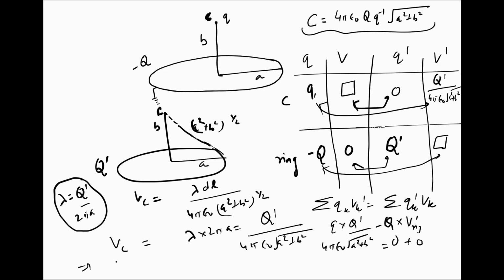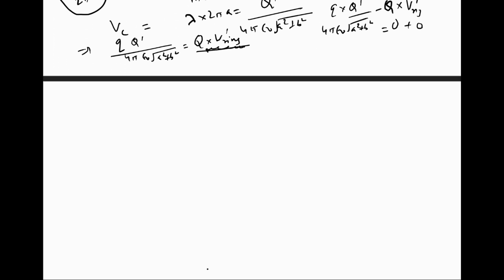So we see that Q dash over 4 pi epsilon naught square root of A square plus B square is equal to Q into V ring. Now on solving this, we can find V ring dash, which is equal to Q over Q 4 pi epsilon naught square root of A square plus B square into Q dash.